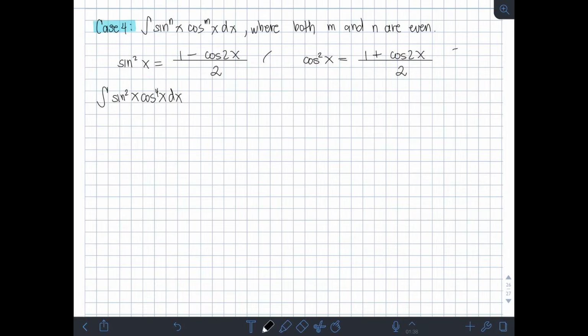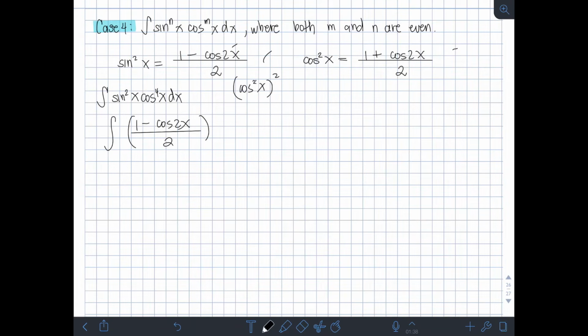So, sige, try natin. Integral ng sine squared x cos to the 4th x dx. Okay, so apply natin yung identity. So, integral, itong sine squared x equal siya sa 1 minus cosine 2x over 2, right? Times, itong cos to the 4th x, pwede muna natin gawin as cos squared x quantity squared.